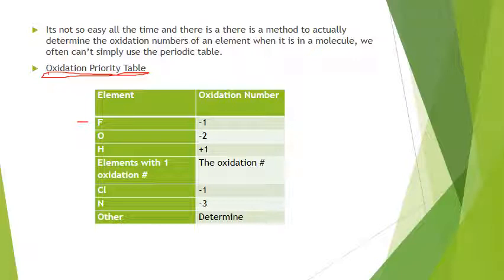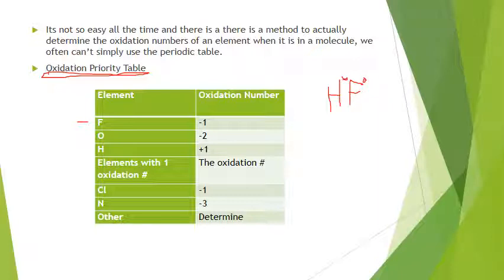So for instance, right off the bat, let's say I have hydrofluoric acid, and I want to find the oxidation number of each of these elements. You go to the periodic table and you can find these numbers, but what we're going to do is come up with a method. We're going to take care of fluorine first, and then we're going to figure out hydrogen.